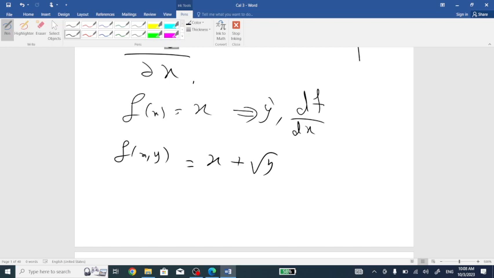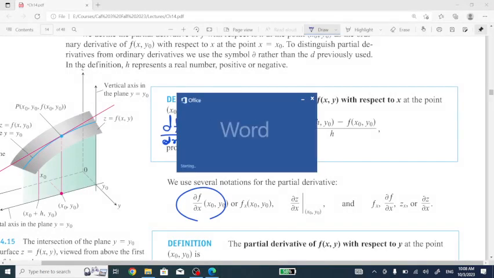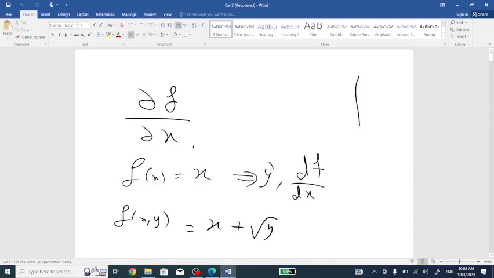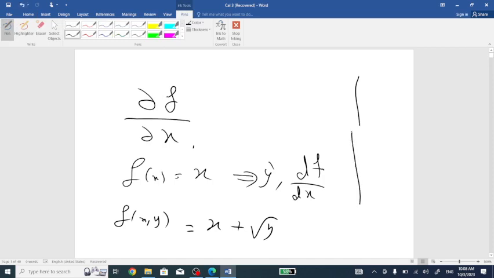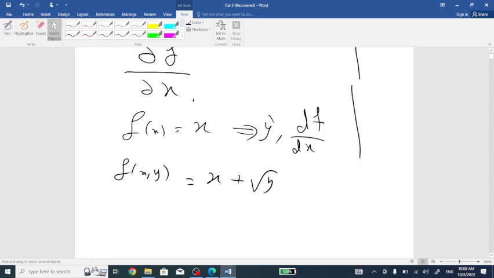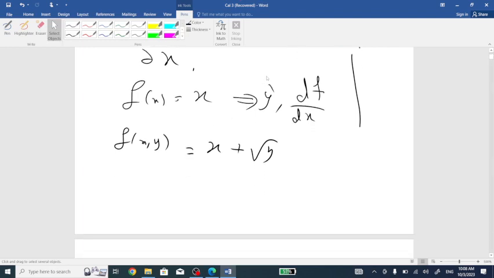So in that case we say it is partial f over partial x.